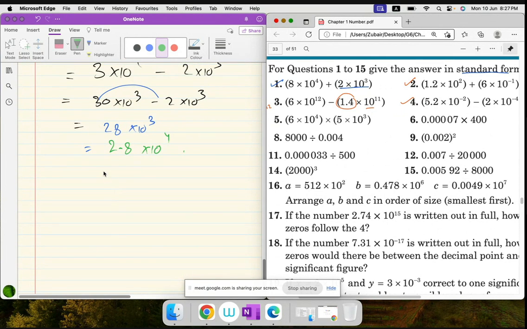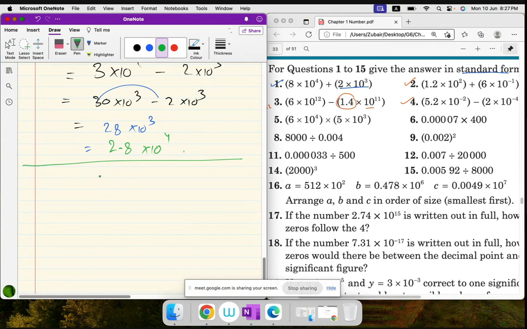Oh, in standard form, my bad. Not 100, 120.6 it is. Ali, we are having different answers. Let me write. For question number 2, I'm getting 1.206 into 10 raised to the power 2.